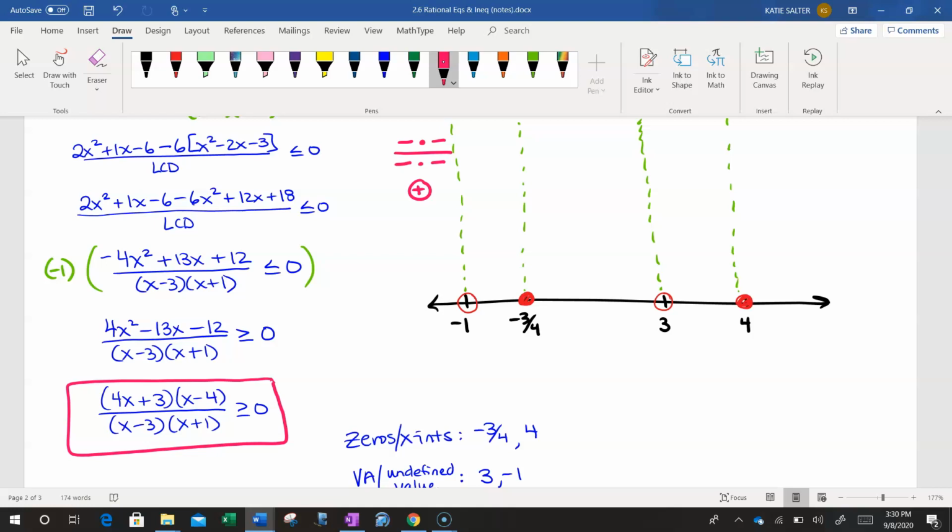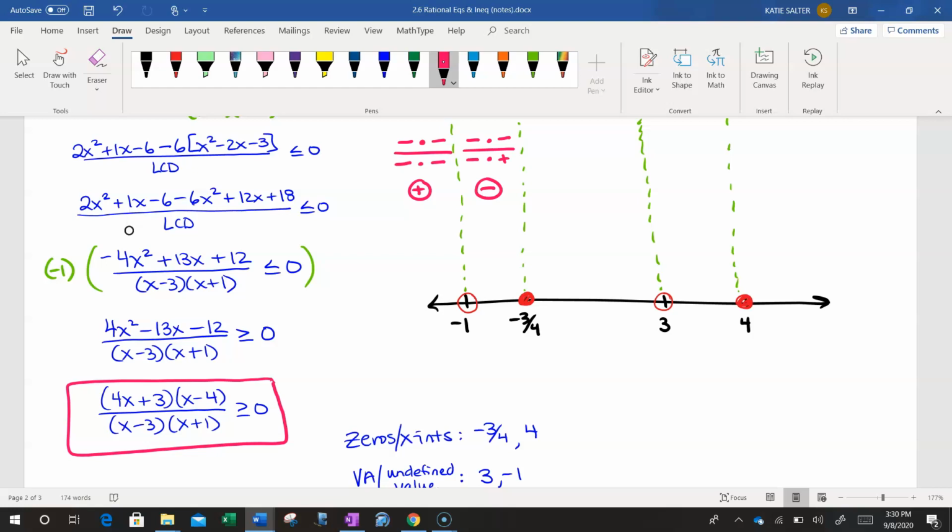If we pick a number between -1 and -3/4, let's just say -0.8, it is going to make that 4x + 3 negative. It's going to make that x - 4 negative. It's going to make the x - 3 negative, but the x + 1, if I put -0.8 + 1, is going to be positive. So an odd number of negatives is going to make this section negative.